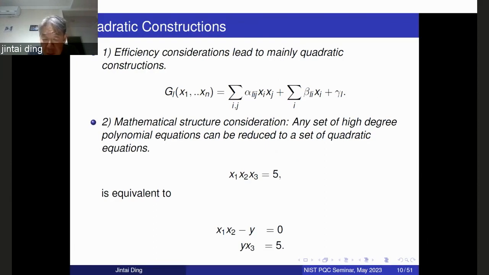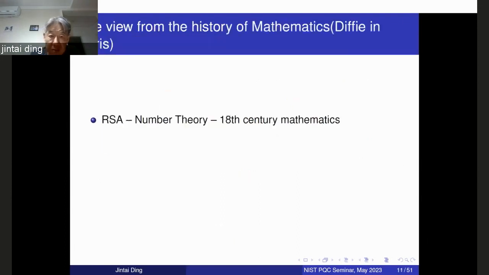So this single equation can be converted into two equations with more variables. Namely, we can set y equal to x1 times x2. Then we have another equation which is y times x3, and these two systems are equivalent. So therefore, we would like to try our best to use quadratic systems to construct multivariate signature schemes.